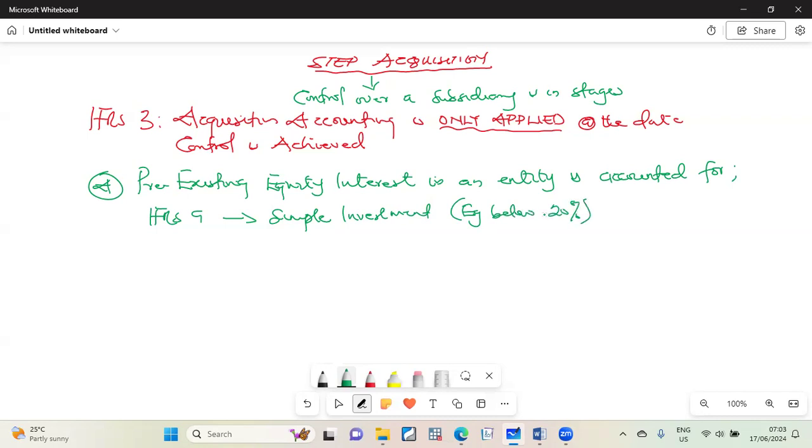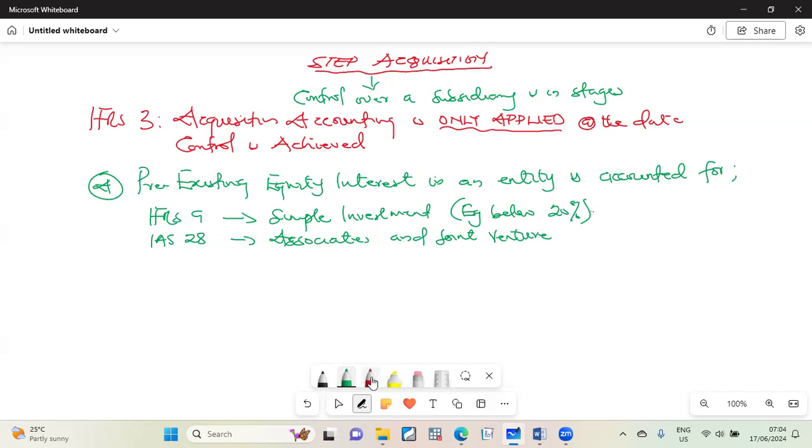Then you apply IAS 28 when you have associates and joint venture. Now, if you have IFRS 9, you find out whether it's amortized cost, fair value to P&L, or fair value to OCI. All right, so take note of that.